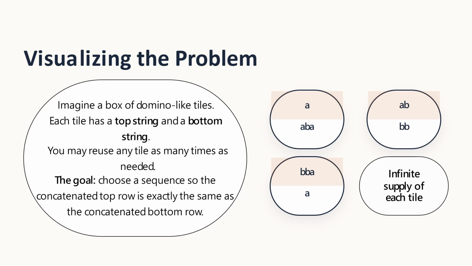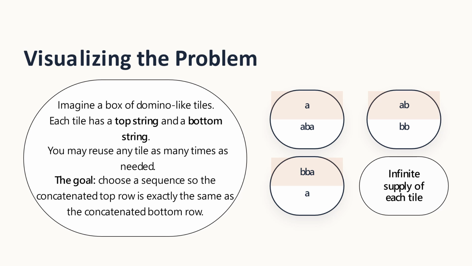To understand PCP intuitively, let us look into the problem. Imagine a set of domino-like tiles, but instead of dots or numbers, each tile contains a string on the top and another string on the bottom. You are allowed to use these tiles in any order, and you can reuse the same tile as many times as you want.